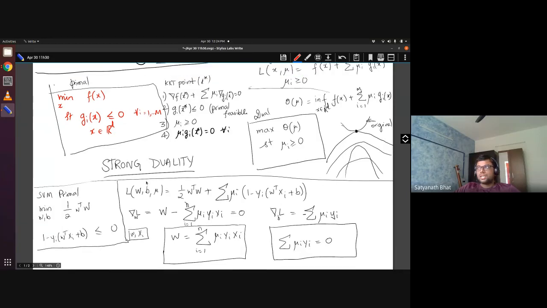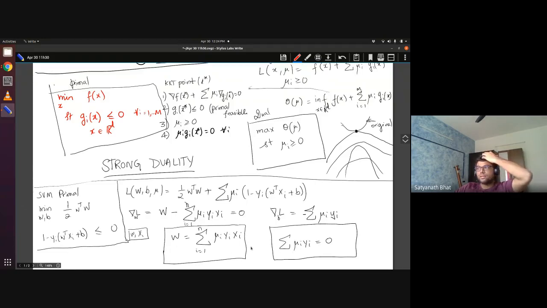This is like trying to find the infimum. When you want to find the infimum, you need to take the gradient with respect to X, so in the same way we are taking the gradient with respect to W and B. When you do that, you get these two conditions. So for every mu that you are constructing, these two better be true. That is what we are saying.